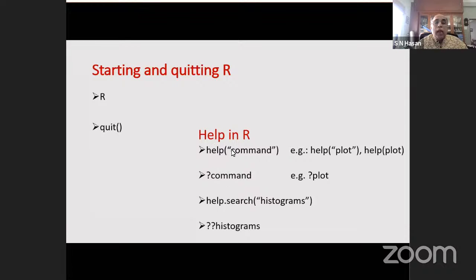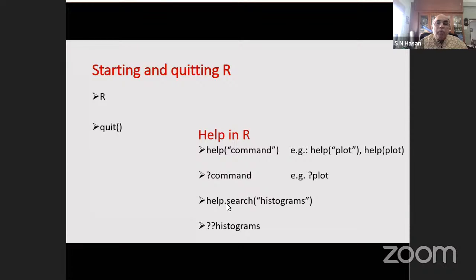Either you write help and in round brackets you give the command, for example help(plot). The inverted commas are not always necessary; you can just write help(plot) with or without inverted commas. We'll have a look at this. Another way of getting help is to put a question mark and give the command, plot.